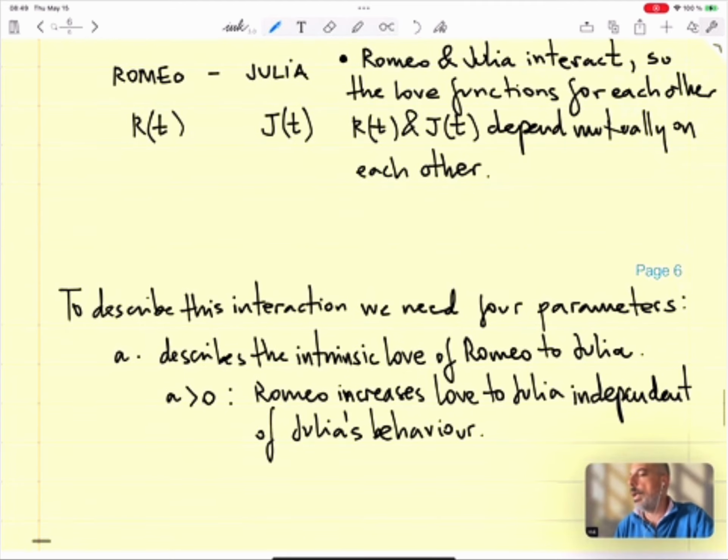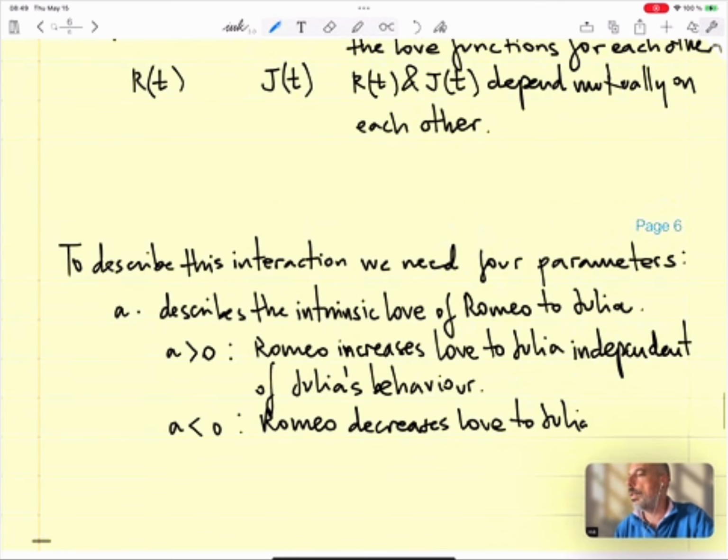And if it's negative, Romeo decreases love to Julia independent of Julia's behavior.